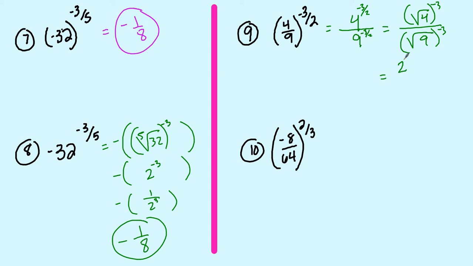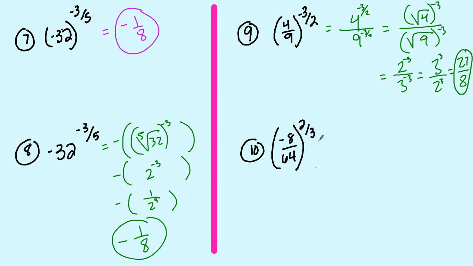So we get 2 to the negative 3, 3 to the negative 3. I don't like negative exponents, so I move them. And now we get 27 over 8. Whew, running out of space. Okay.